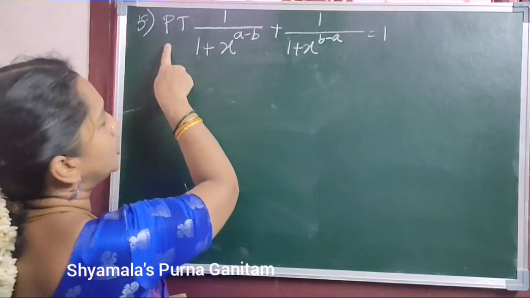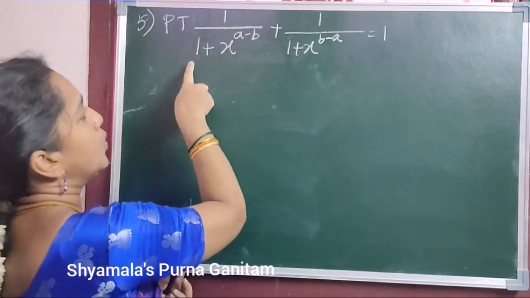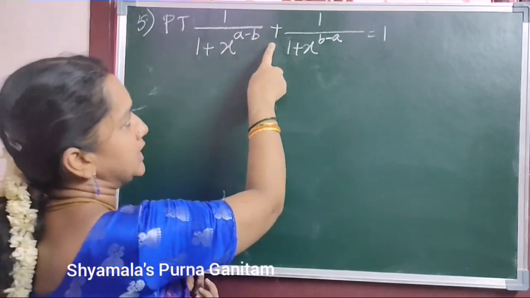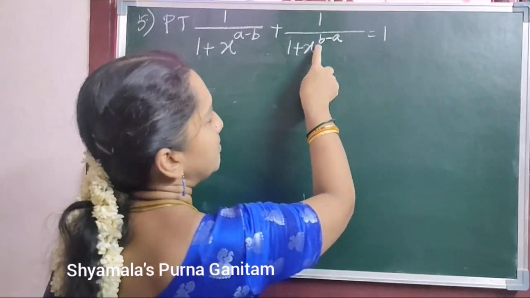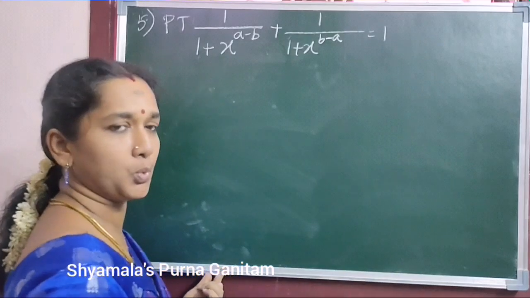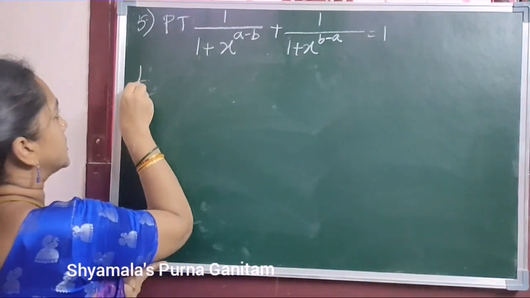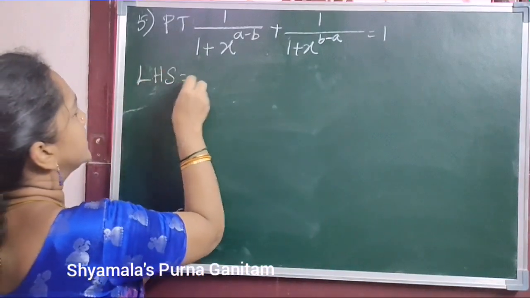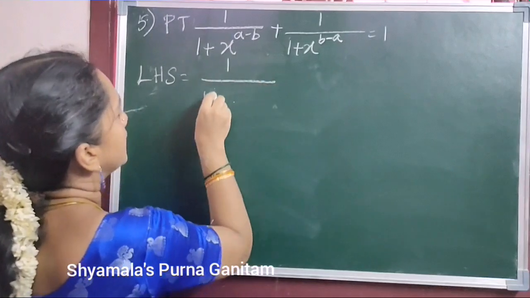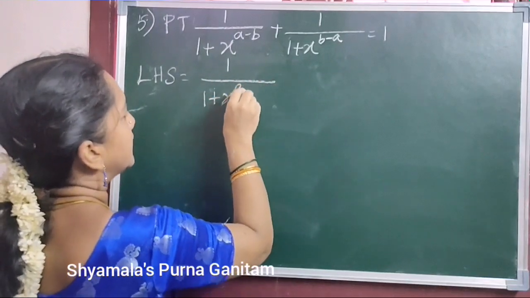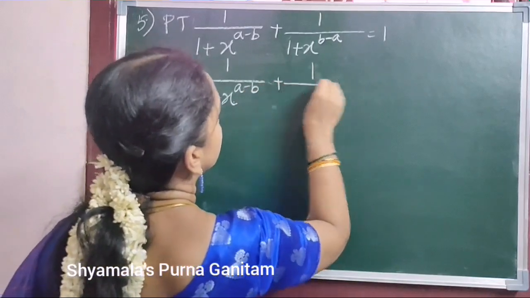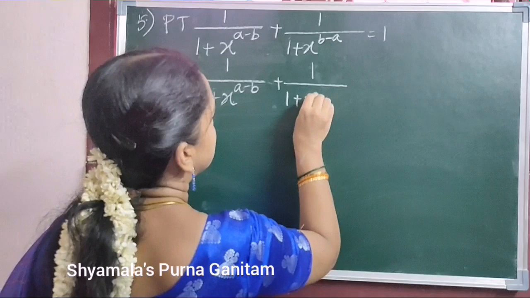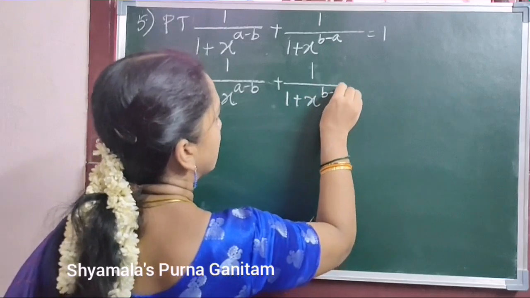Fifth sum. Prove that 1 by 1 plus x power a minus b plus 1 by 1 plus x power b minus a is equal to 1. So LHS. So LHS is 1 by 1 plus x power a minus b plus 1 by 1 plus x power b minus a.